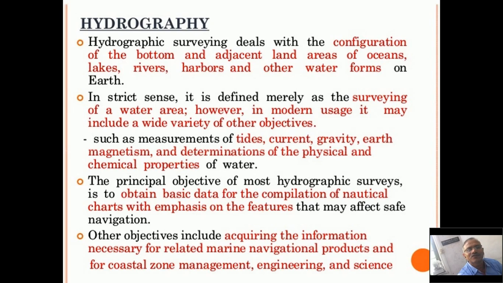As I said, for the navigation purpose, the hydrographic survey is very important. Other objectives include acquiring the information necessary for related marine navigational products, for coastal zone management, engineering and science.